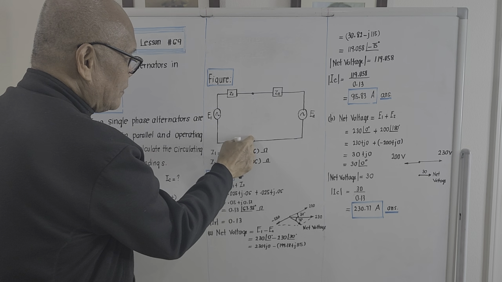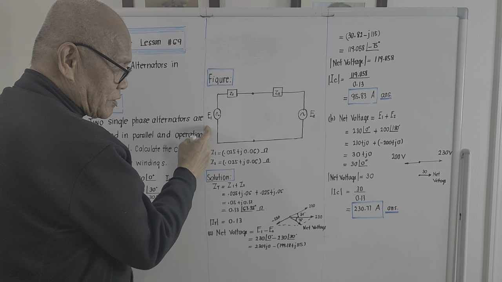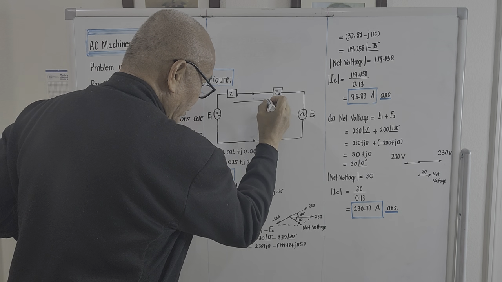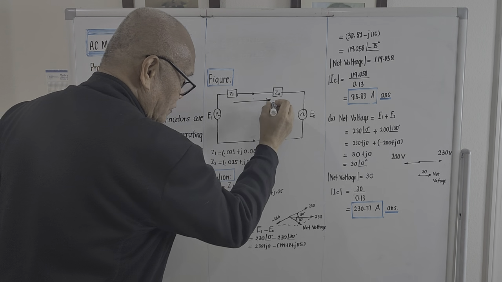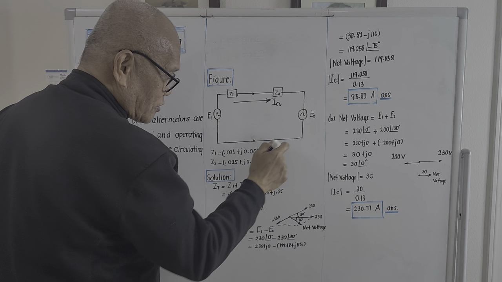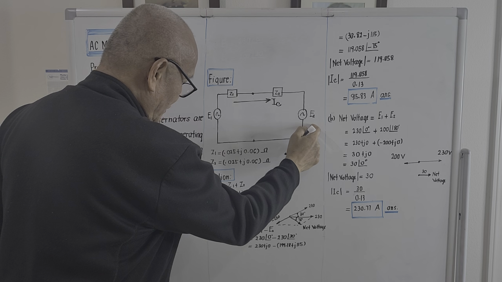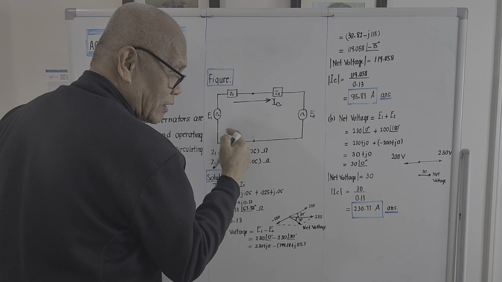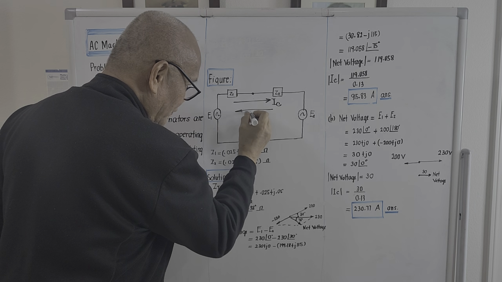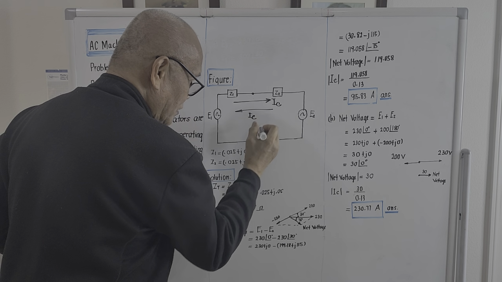If this voltage here is greater than this, of course the circulating current will be in this direction. That's the circulating current. But just in case this voltage here is greater than this one, in magnitude, the circulating current will be in the opposite direction.